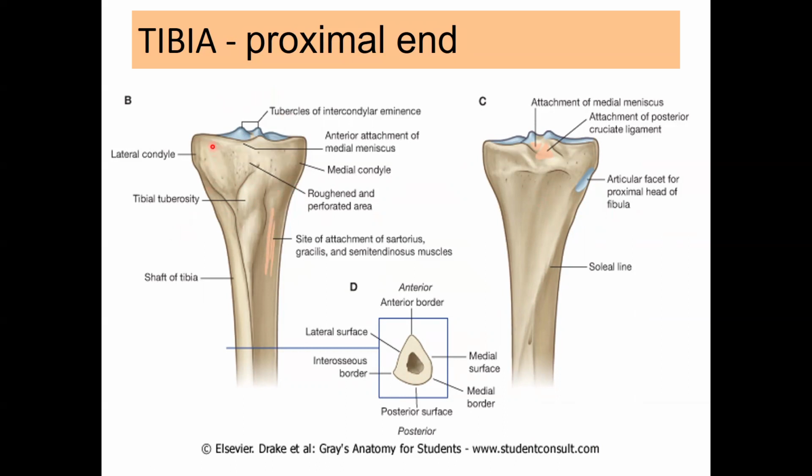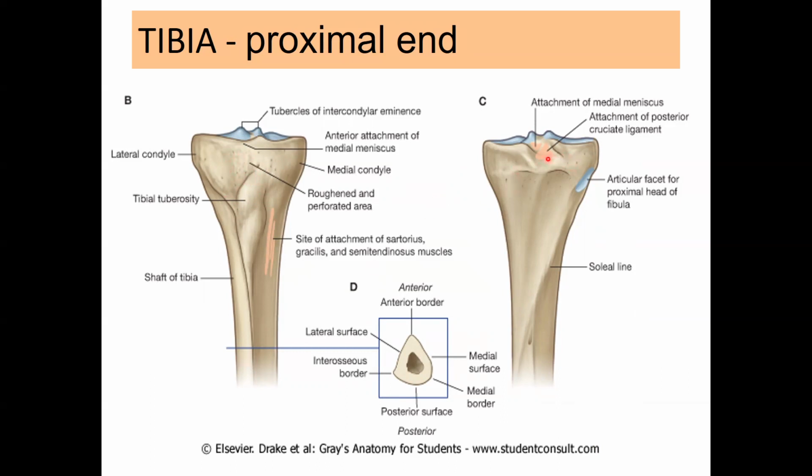Okay, back to the proximal end of the tibia. You have the lateral condyle and the medial condyle. Up here you have the intercondylar eminences, and down here there is the tibial tuberosity. This is a roughened and perforated area.